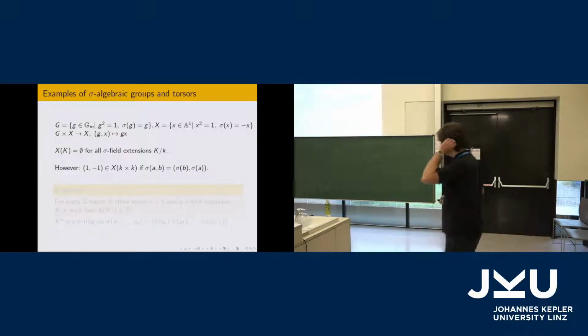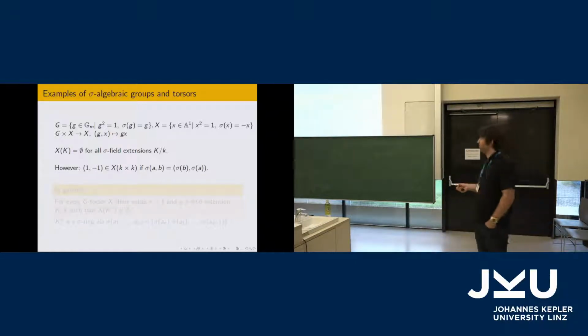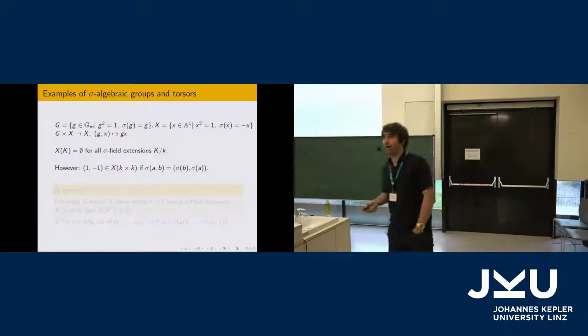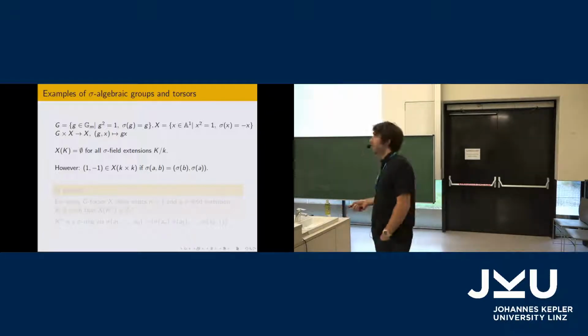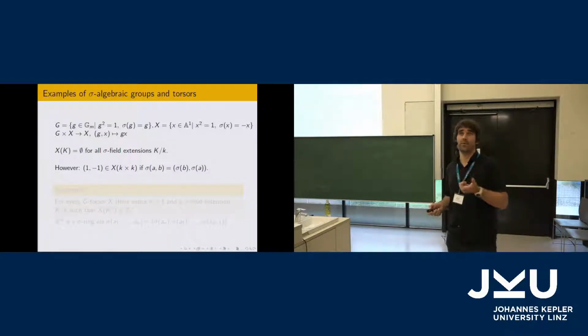And so indeed, if you look at k times k, so k times k is a ring by component-wise addition and multiplication, and you define the sigma on k times k just by applying sigma, but also by exchanging the two elements a and b.